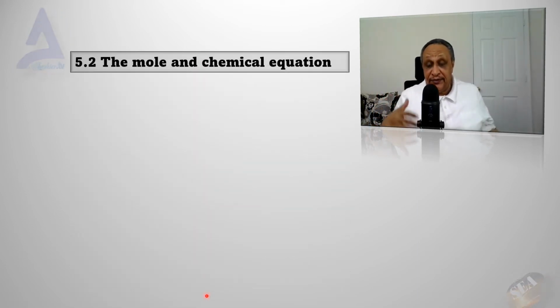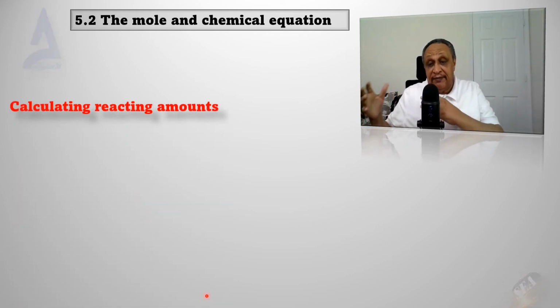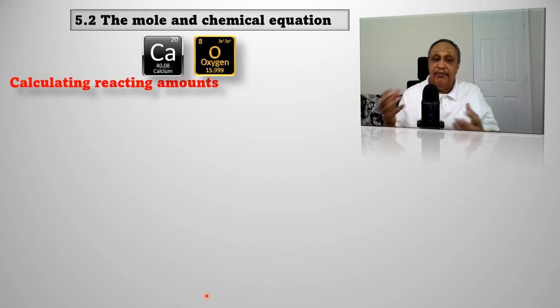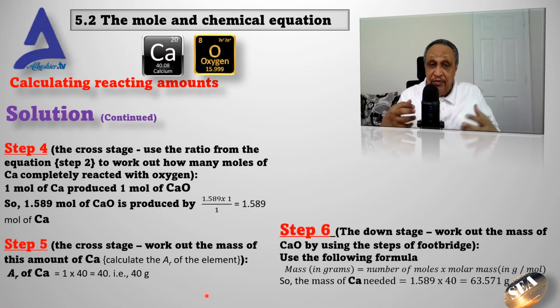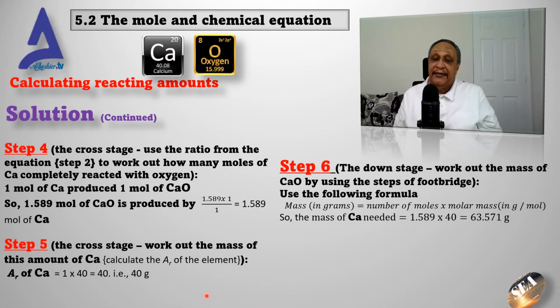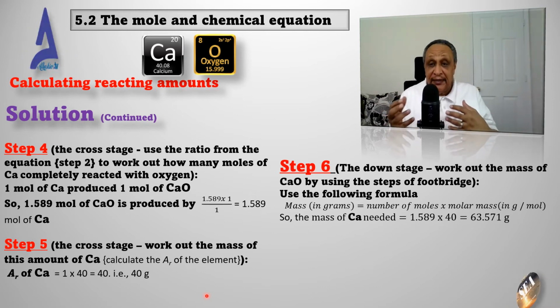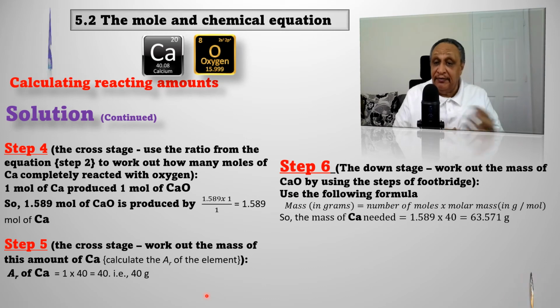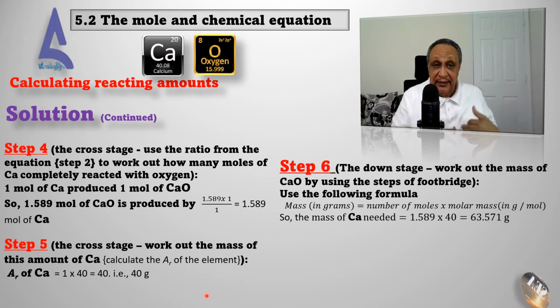Let us go for steps 4, 5, and 6. We finished the first steps and came out with the number of moles of the product. Now we would like to see how we can solve the other portion, because the demand is the mass of calcium in this reaction.